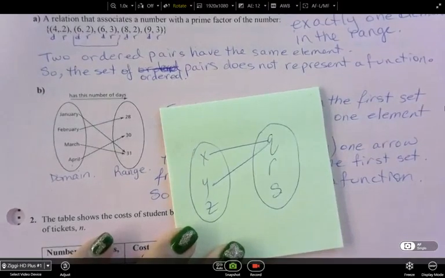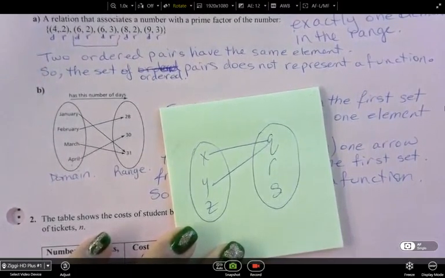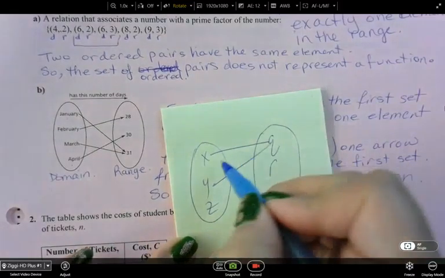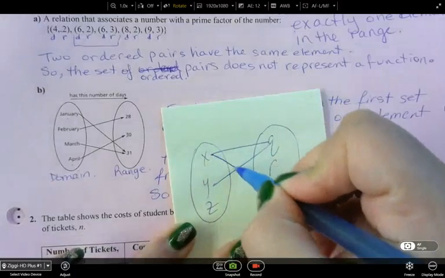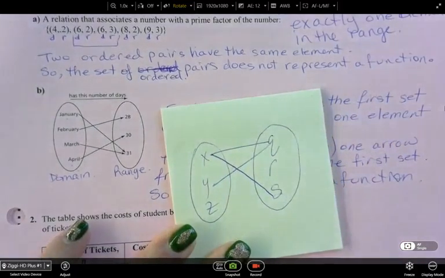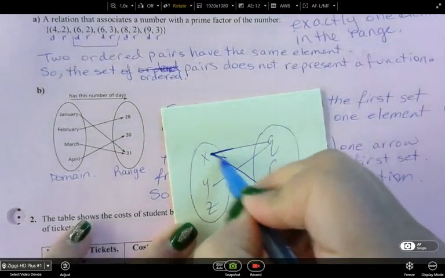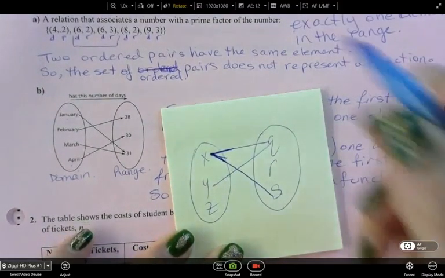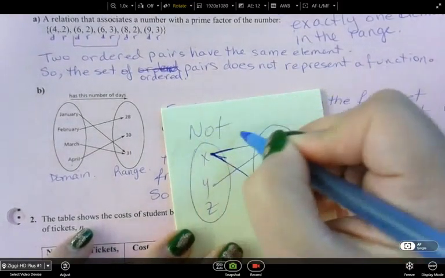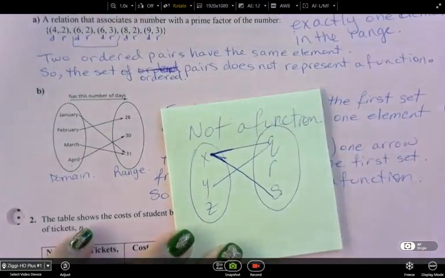What is going to make it fail? How can I make it fail right now? Like force it. If X went where? Let's say if X went to R and S. So if I have 2 coming off of the domain, that would fail being a function. So this would be not a function. Okay?